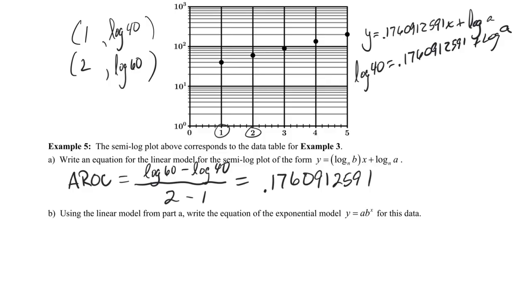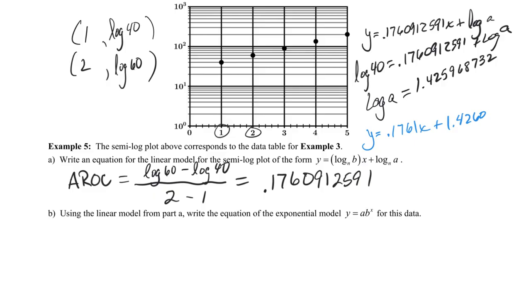So if you just take your calculator and do log 40 minus, and then arrow up to that long decimal and hit enter, it'll do it for you, and you'll get what log of a equals, okay? And that equals, so now let's write our linear model out. So we have y equals, and now we can round because we have our good numbers here. So 0.1761x plus 1.4260, right? There you go.